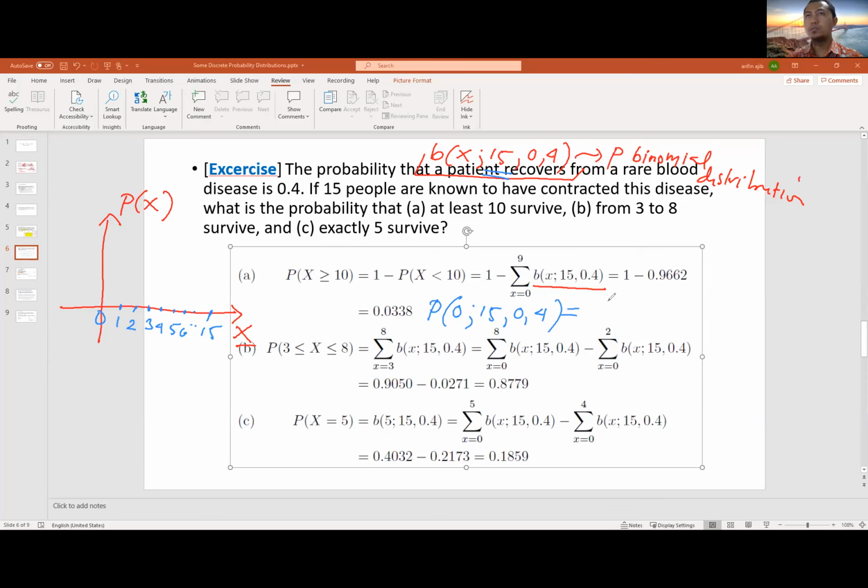It's similar to 15 combination 0, the probability P of X equal to 0, where N is 15 minus 0.